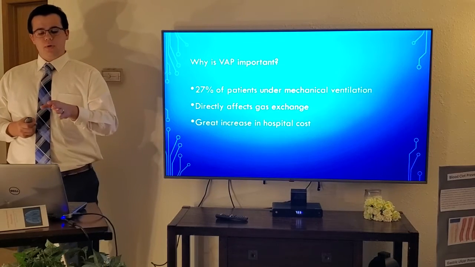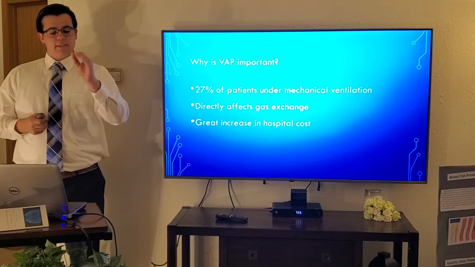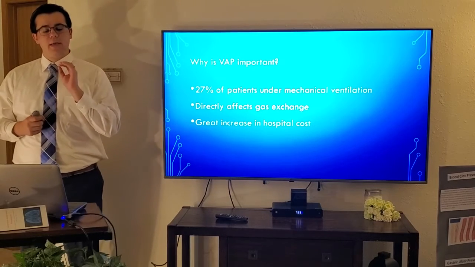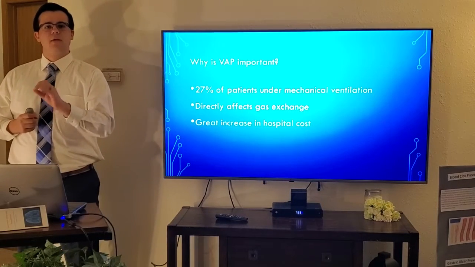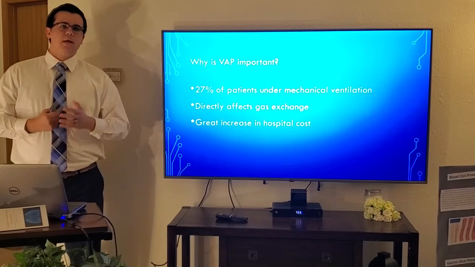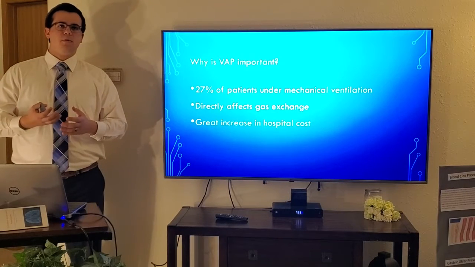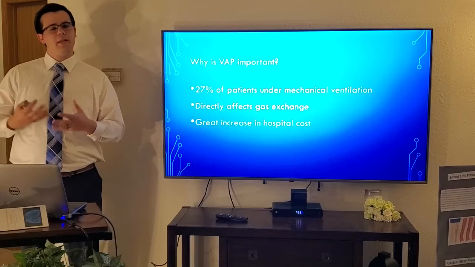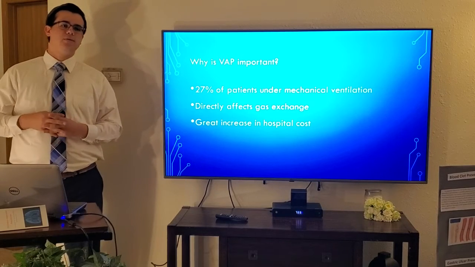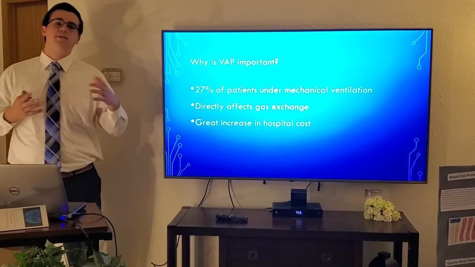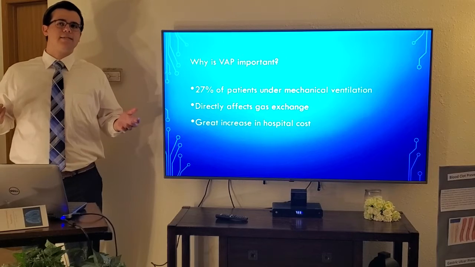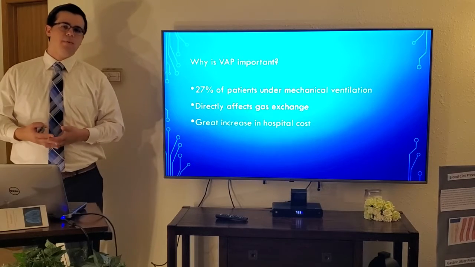It also directly affects gas exchange, and it greatly increases medical costs. Now, why is that the patient's concern? Well, a high medical cost directly translates into what the patient is paying for. If he has great insurance, that's not necessarily something he has to worry about.